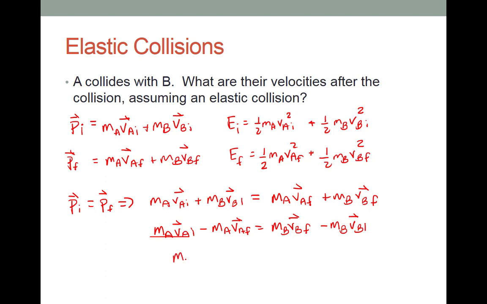Lastly, I'm going to factor out the masses. Oh, and I keep trying to rewrite the m's, so let's try not rewriting the m's because we don't need them anymore.